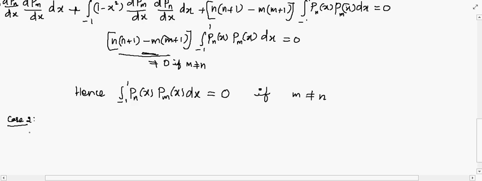So for this I will consider 1 minus 2xh plus h square whole power minus 1 by 2, equal to sigma n equal to 0 to infinity h power n Pn of x.